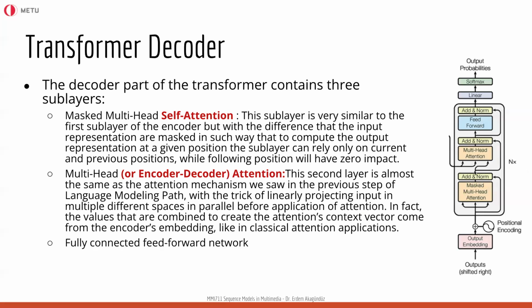Then the output of this guy is used to calculate an encoder-decoder attention, which is the second block. It is like you're calculating the decoder hidden states' relation to the encoder hidden states using this attention block.